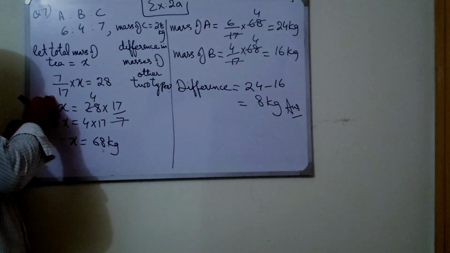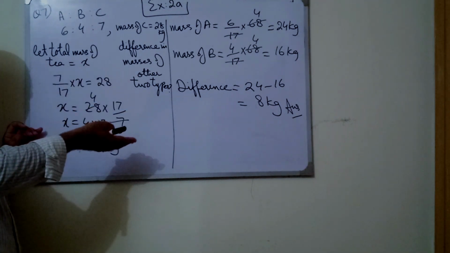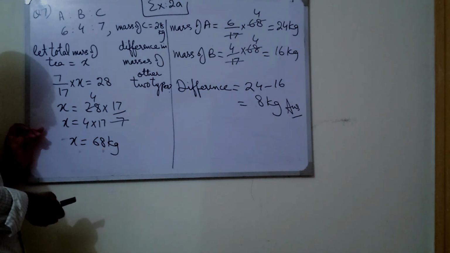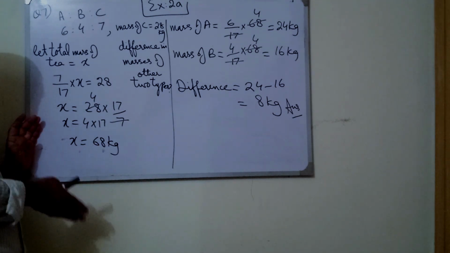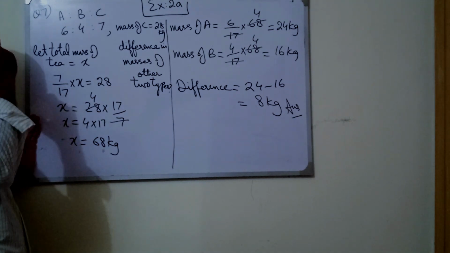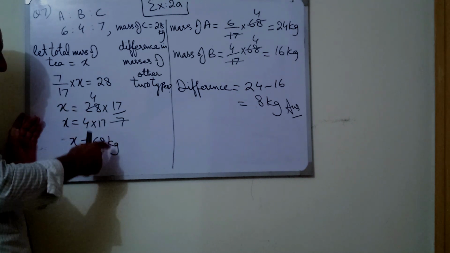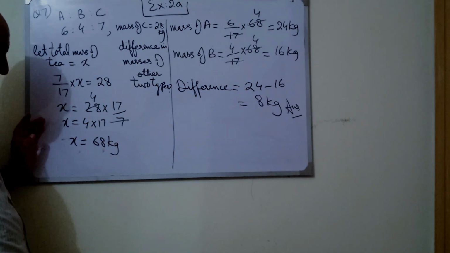Here 7 over 17, when it goes to the other side, it is 17 over 7, whereas we will write here the reciprocal of this left hand side. So we cancel them, we have 4 17s are 68.